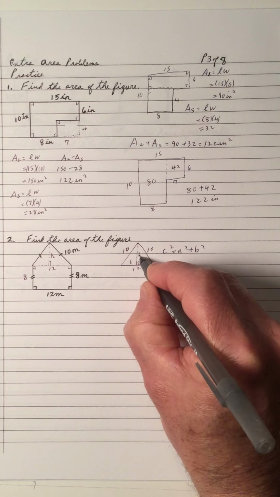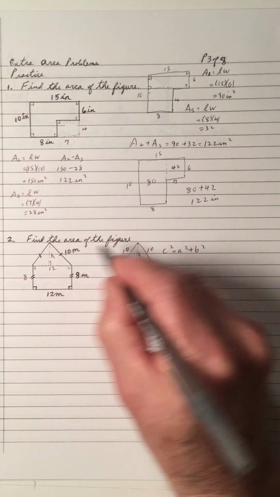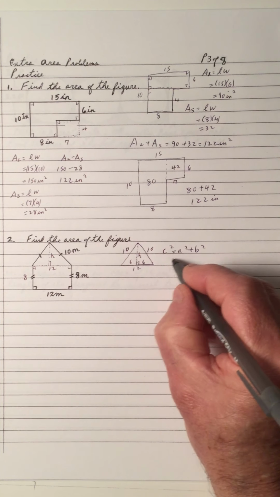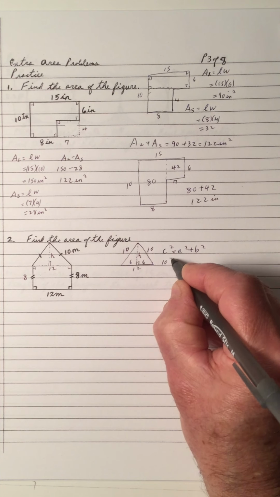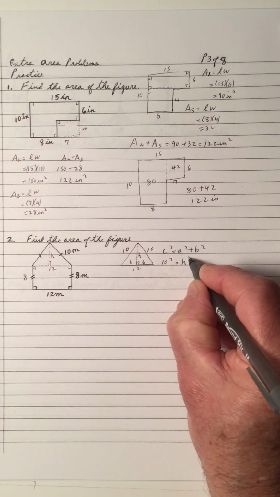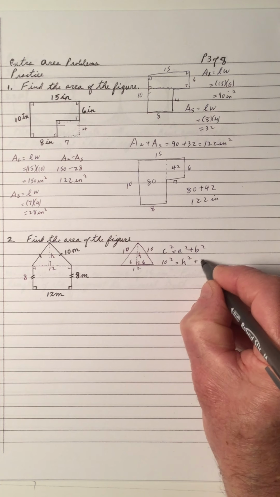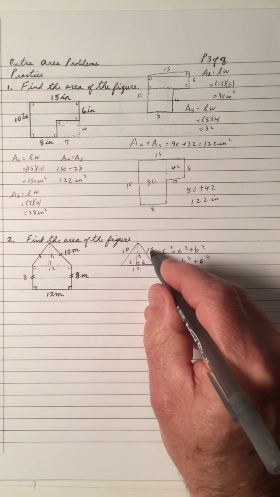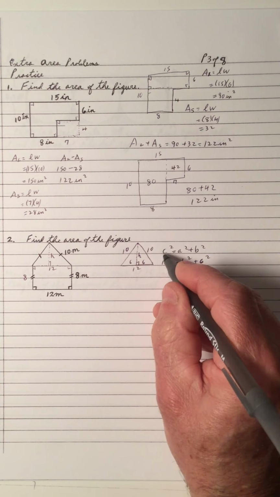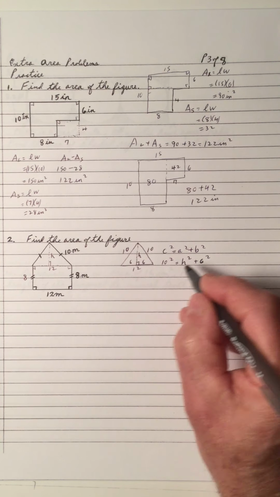So if that's the height of the triangle down here, which is also right here, C is the hypotenuse in the right triangle, that's 10. If you let A be the height and B be the other side, so you've got 10 is the hypotenuse C, so H and 6 can go anywhere.